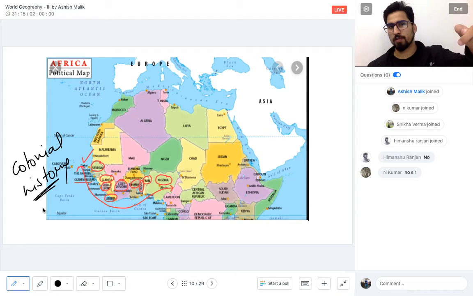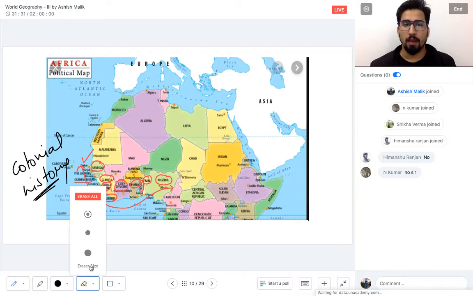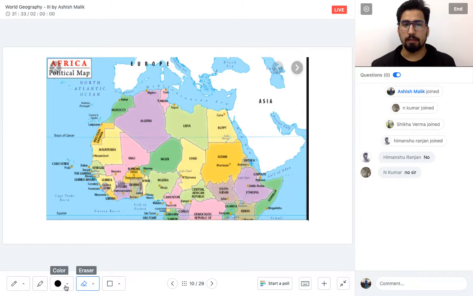And guys, I'm saying they are very important from the colonial point of view because these were the places which were exploited for trade purposes.